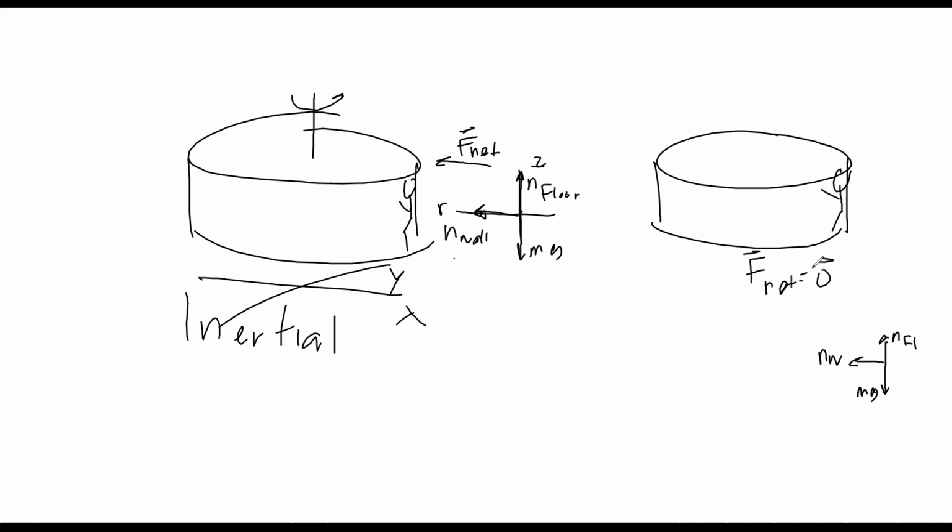But since they are not accelerating relative to the spinning ride, they have to now conclude that there is a force backwards. And the book would call this the centrifugal force. I think more generally, I would just call it a fictitious force. And it is a fictitious force because this is just a result of our inertia.